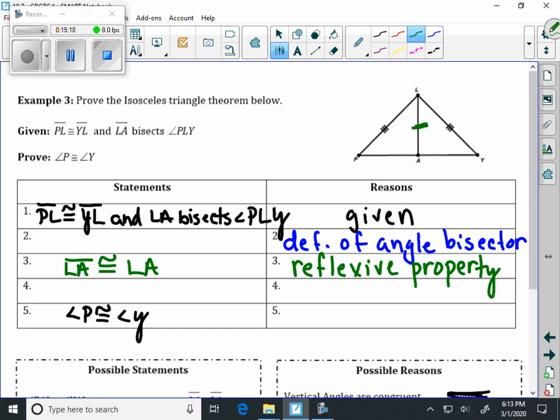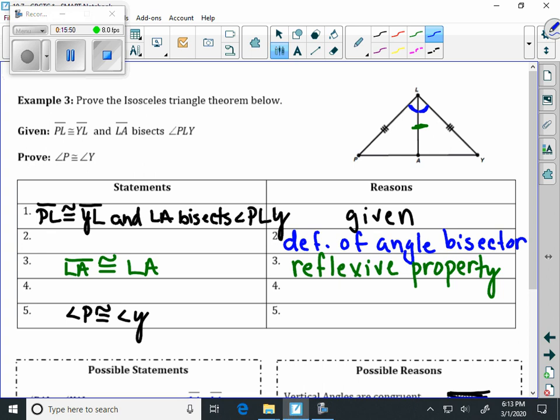If we go back and look at definition of angle bisector, it says that LA bisects PLY, and ultimately what that means is that this angle, sorry, I'll try one more time. This angle is congruent to this angle. And the reason that those are congruent is because of definition of angle bisector.